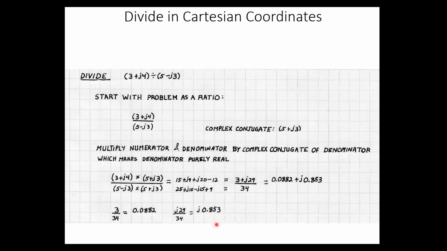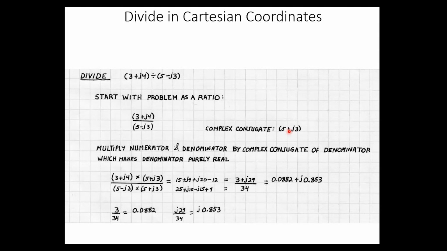How about if I divide it as Cartesian coordinates? To divide 3 plus j4 divided by 5 minus j3, I start by making it a ratio. So I've got 3 plus j4 over 5 minus j3. And the complex conjugate of 5 minus j3 is 5 plus j3. Now, this is an old algebra rule.